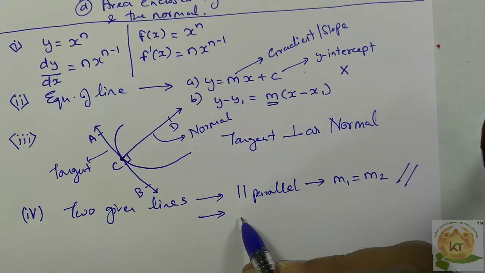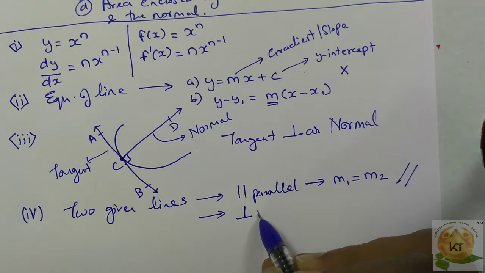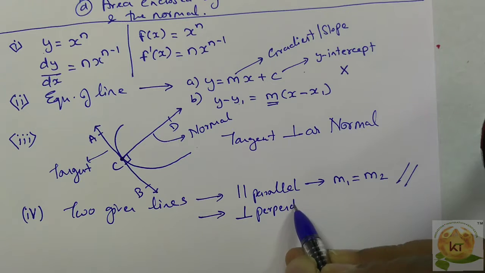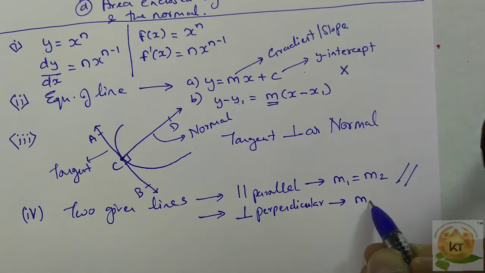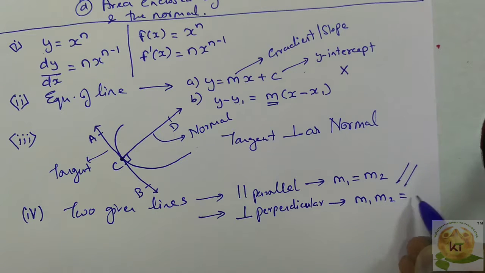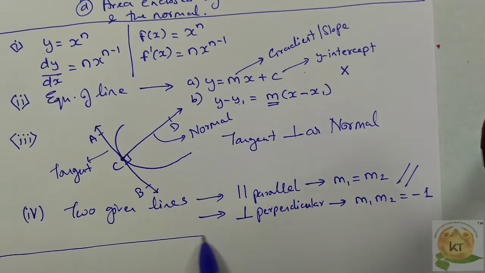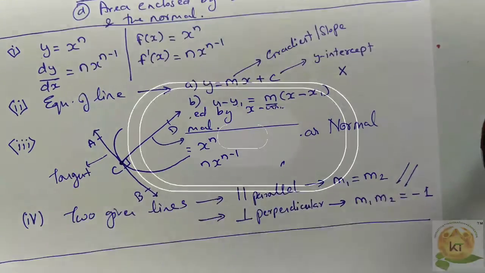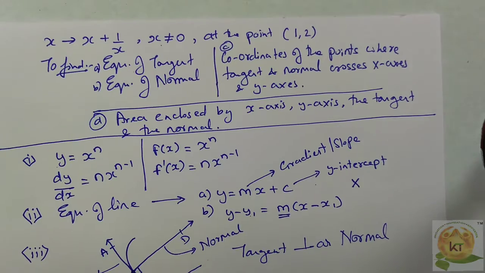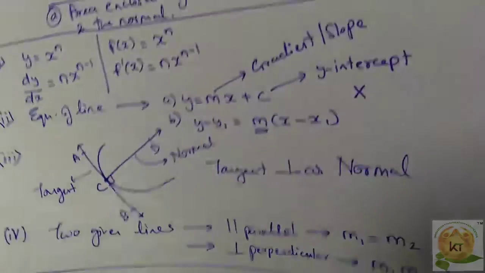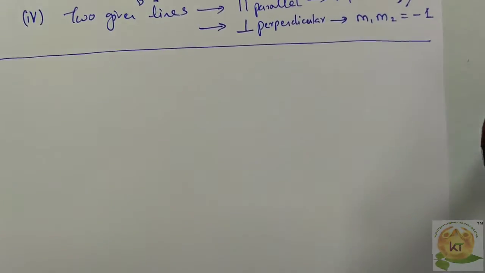But when these two given lines are perpendicular to each other, you can observe that the relation between their gradients is m1 m2 is equal to minus 1. Okay, so these are the four concepts that we are going to touch upon while solving this particular sum. The equation is given to us, and we know how we are expected to find the equation of the tangent. Alright, so here goes the solution.